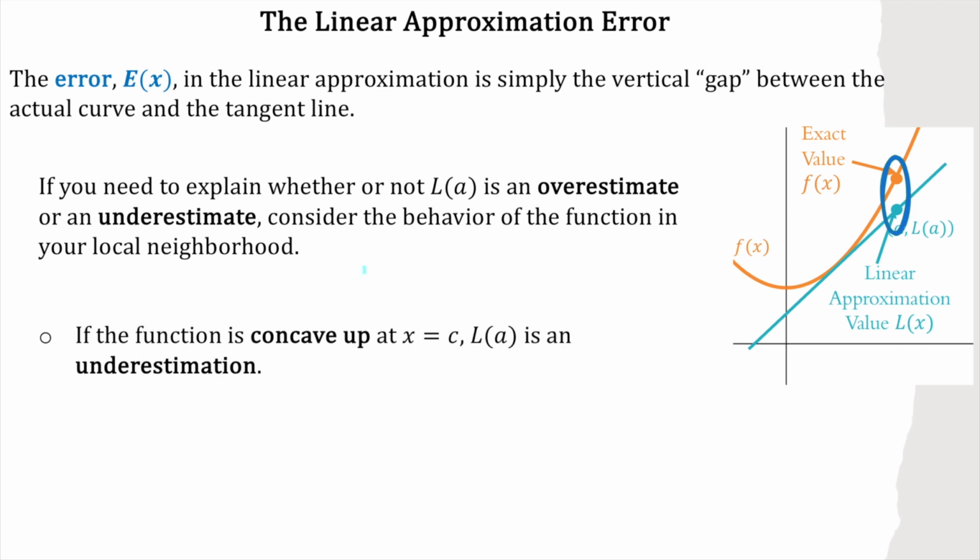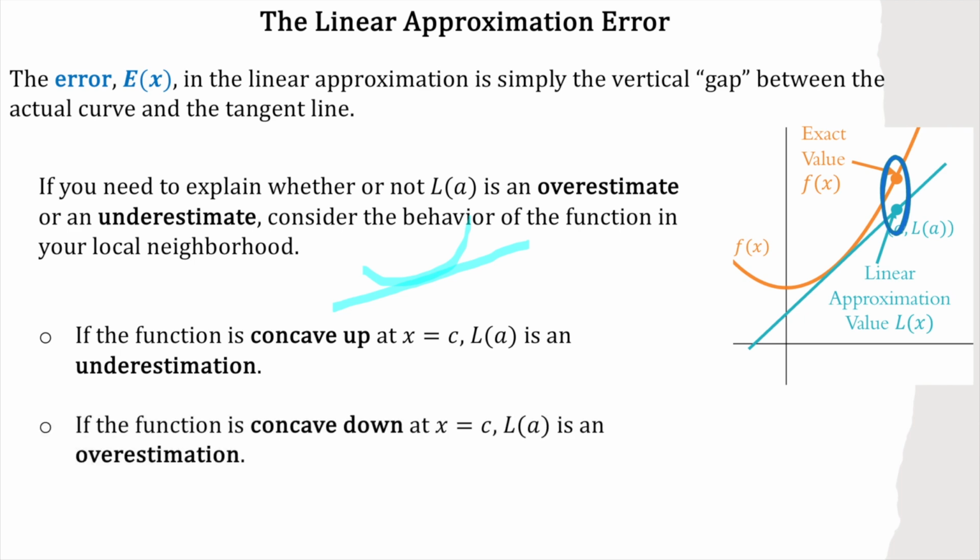So if the function is concave up, then L of a is going to hang out below it, so it's an underestimate. If the function is concave down, the tangent line lies above it, and so L of a is an overestimate.